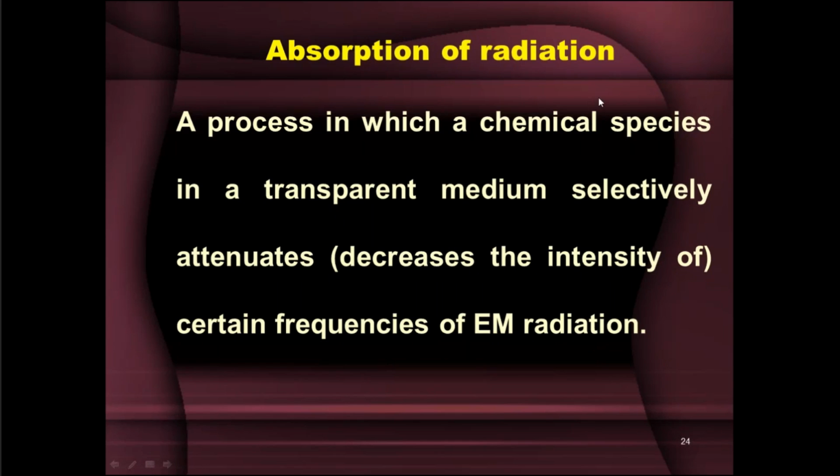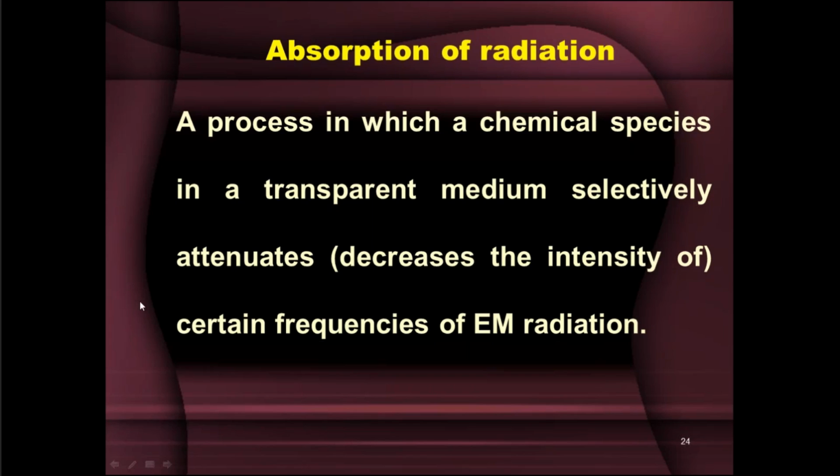So what does absorption mean? Absorption of electromagnetic radiation. In spectroscopic nomenclature, what is the definition of absorption? A process in which a chemical species in a transparent medium selectively attenuates certain frequencies of electromagnetic radiation.